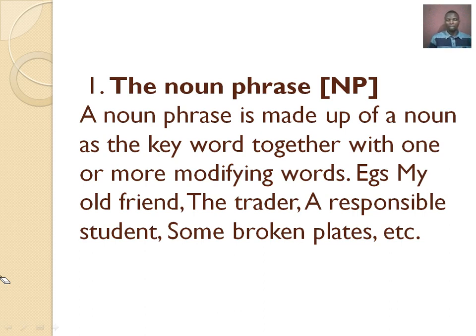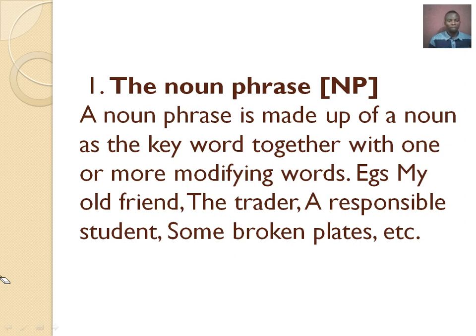The first one is the noun phrase. A noun phrase is made up of a noun as the most important word. The key word in a noun phrase will definitely be a noun.